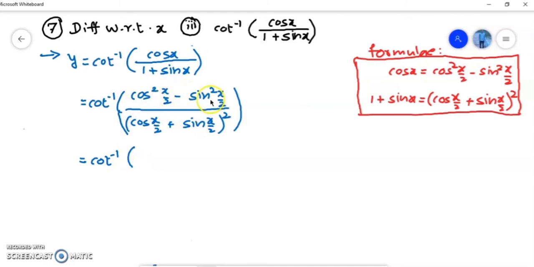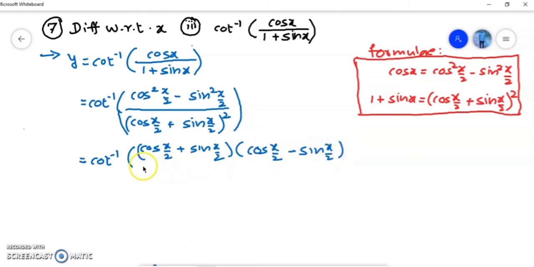Cos square x by 2 minus sin square x by 2 is cos x by 2 plus sin x by 2 into cos x by 2 minus sin x by 2, whole divided by cos x by 2 plus sin x by 2 bracket square, meaning the same bracket, cos x by 2 plus sin x by 2, written twice.